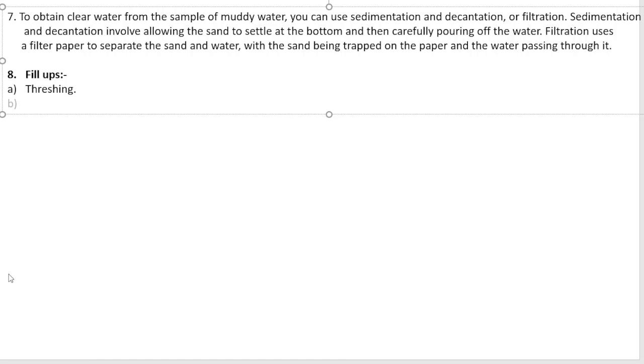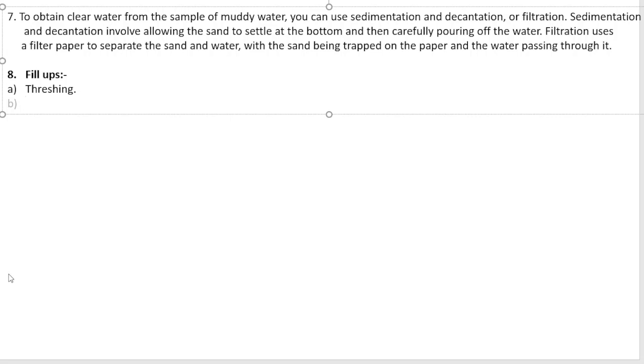Next is: when milk cooled after boiling is poured into a piece of cloth, the cream (malai) is left behind on it.